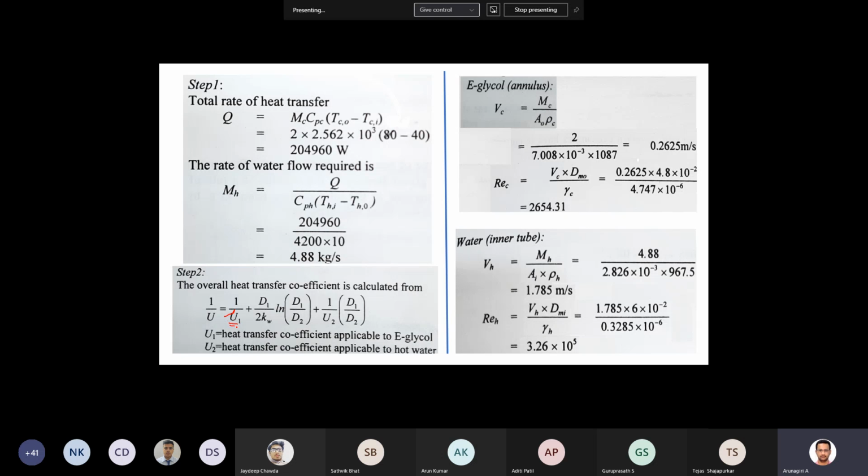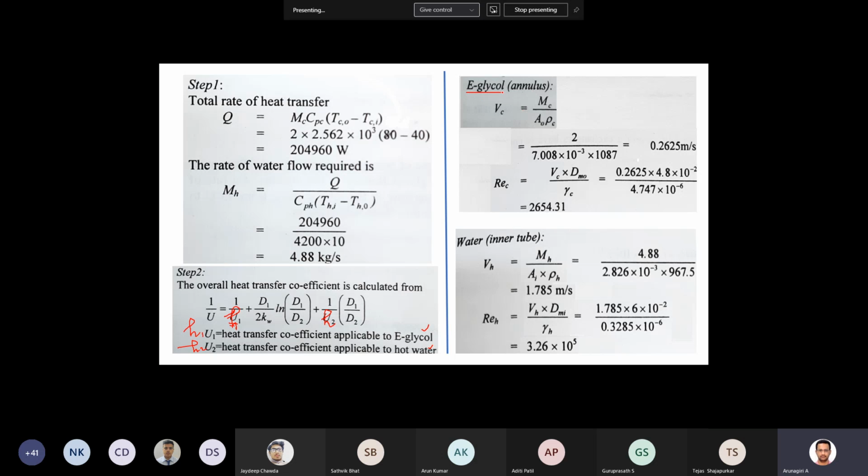Some books may refer to U1, some books may refer to H1. So don't confuse this U1 and U2. This is the film heat transfer coefficient, H1 and H2. So now we have to calculate the film coefficient applicable to ethylene glycol and the heat transfer coefficient applicable to hot water.